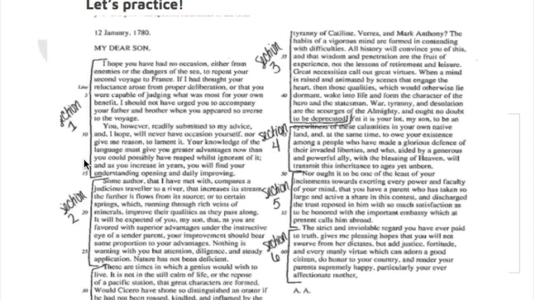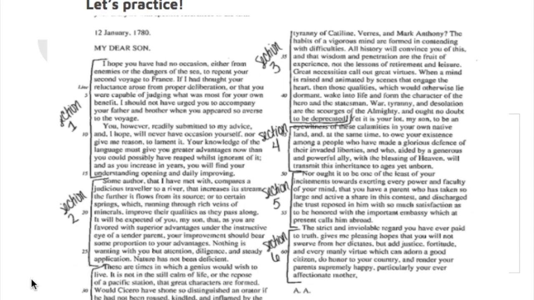We're going to start with the shift from section 1, which is the first 2 paragraphs, to section 2. In order to properly describe the shift, you need to understand the tone and the mode of the first section and of the second section so that you can use that in your explanation.